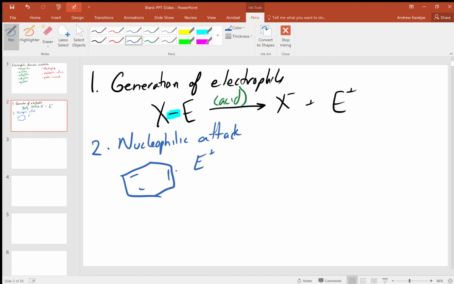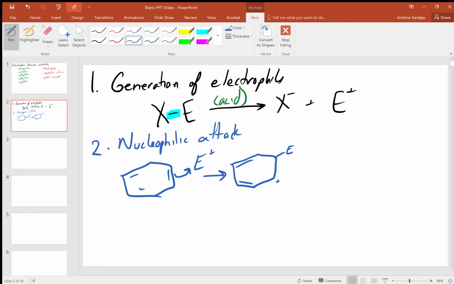And in this step, the pi electrons of the aromatic ring will attack the electrophile. Now this step is almost always rate determining in an electrophilic aromatic substitution reaction. And the reason for that is we're going from an aromatic ring, which we know is highly stabilizing, and in this step we're actually breaking aromaticity and forming a ring that's not aromatic.